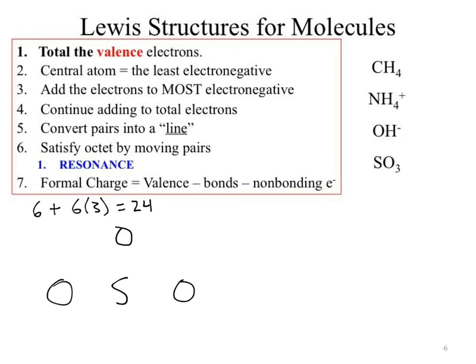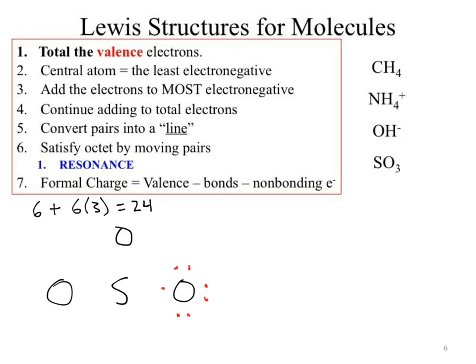Add our electrons in pairs, starting with what? Rule number 3, add the electrons to most electronegative. Which element was most electronegative, oxygen or sulfur? Oxygen.